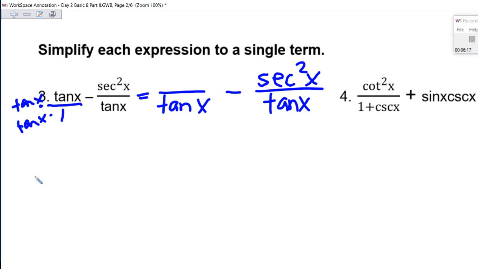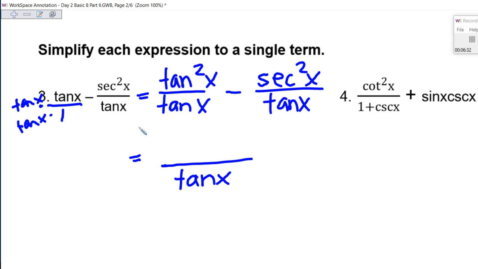So what's tangent of x times tangent of x? Tangent squared of x. Now that I have a common denominator, now I can subtract them together for this one. So the denominator stays the same, and we have tangent squared of x minus secant squared of x.